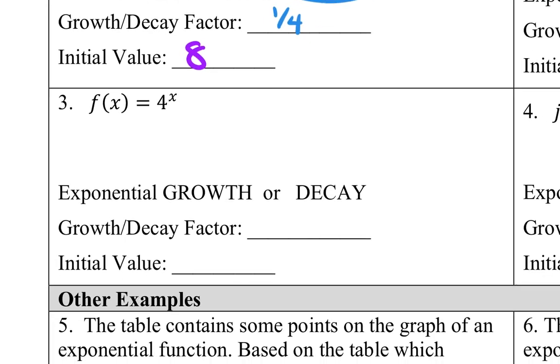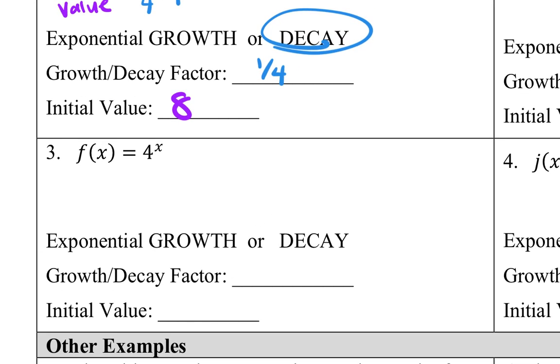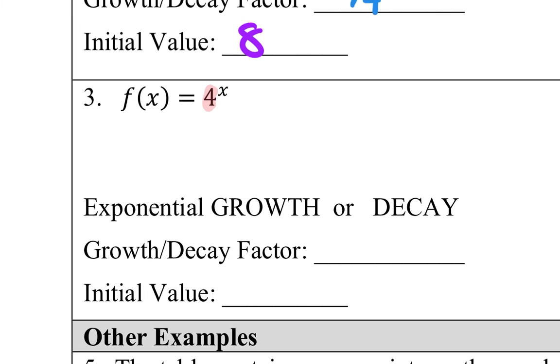So this one got a lot of us, right? Because there was only one number. Whatever number's there is automatically your growth or decay. That's going to still determine one or the other. So being that it's 4, is 4 greater than 1 or less than 1? 4 is greater than 1. So this is growth, which means it is a factor of 4. Good.